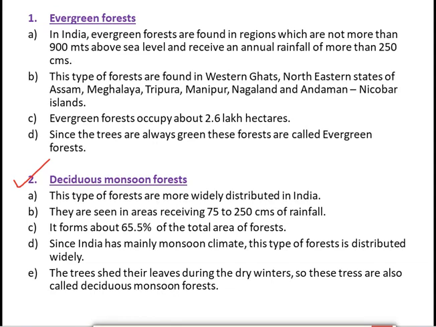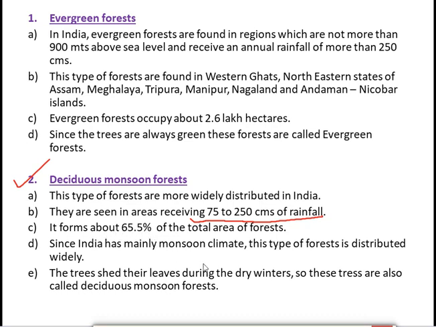In evergreen forest, we have learned that it can be seen where the rainfall is more than 250, but deciduous monsoon forest is seen where the rainfall is between 75 and 250. It forms about 65.5% of the total area of forest.